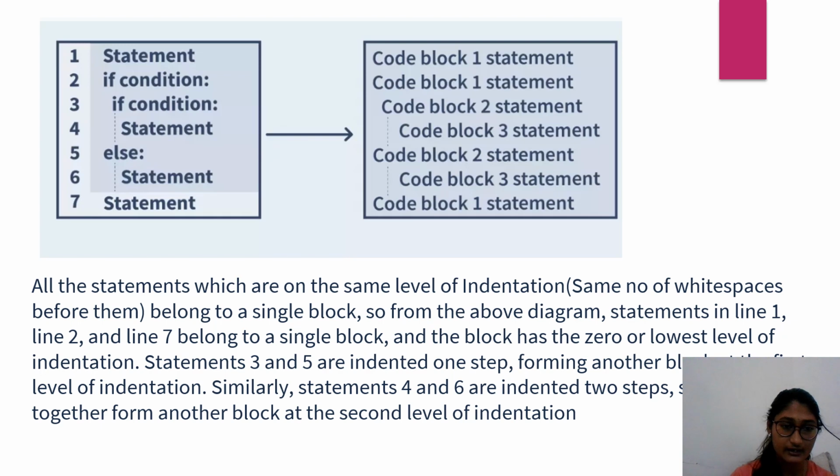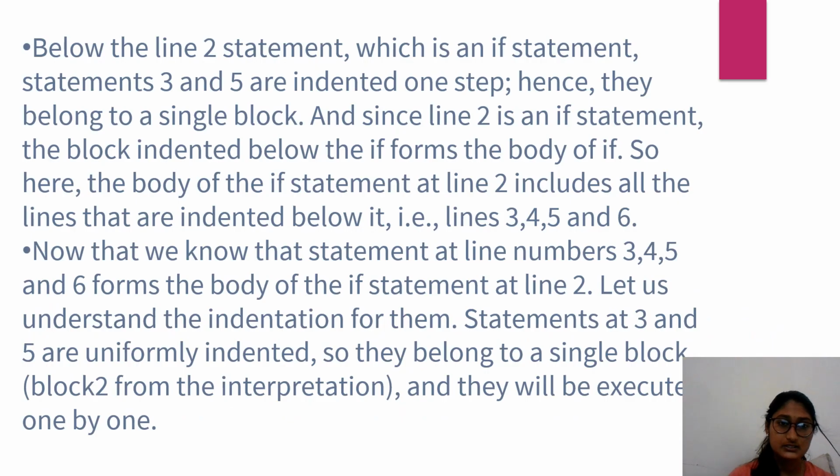Statements 3 and 5 are indented one step, following another block at the same level. Statements 5 and 6 indented two steps together form another block at the second level of indentation. Line 2 is an if statement.